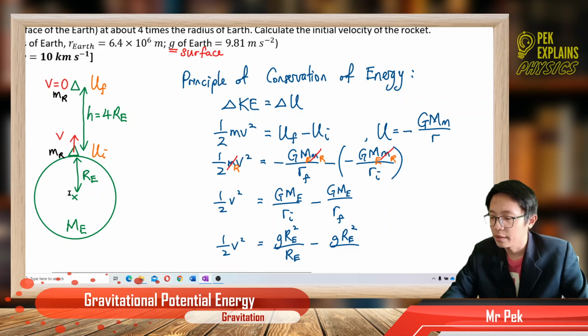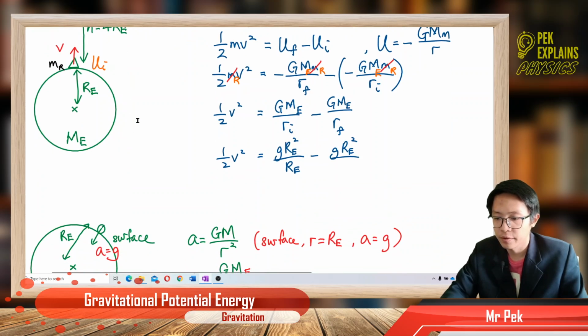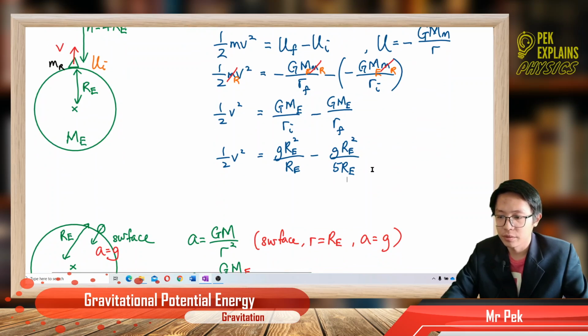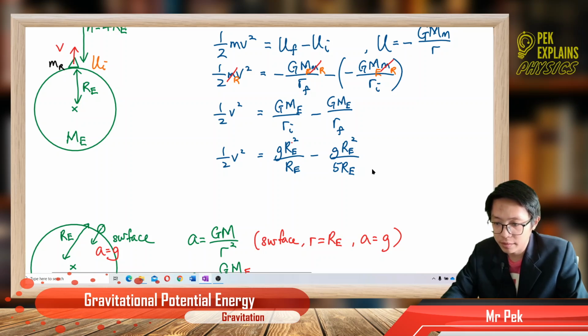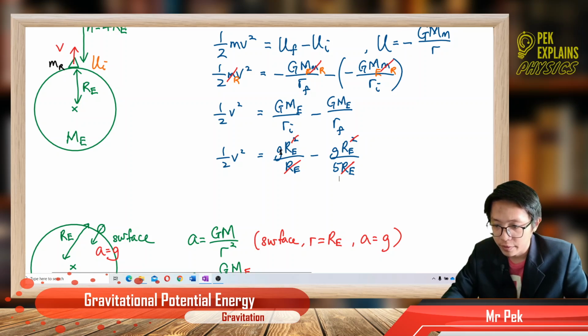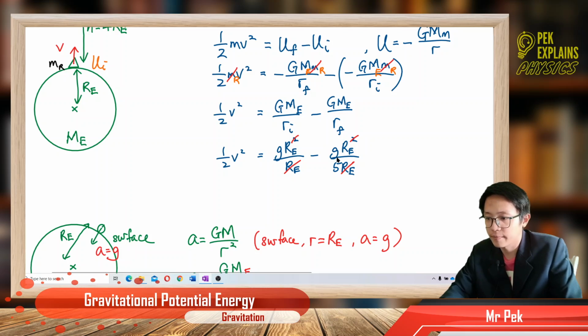It is the radius of Earth plus the altitude, which is 4 radius of Earth. So the total is 5 radius of Earth. Then we can cut off the radius of Earth and factorize out the g R_E. So what do we get?